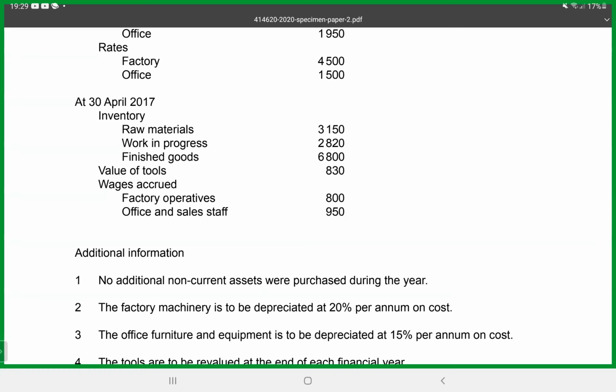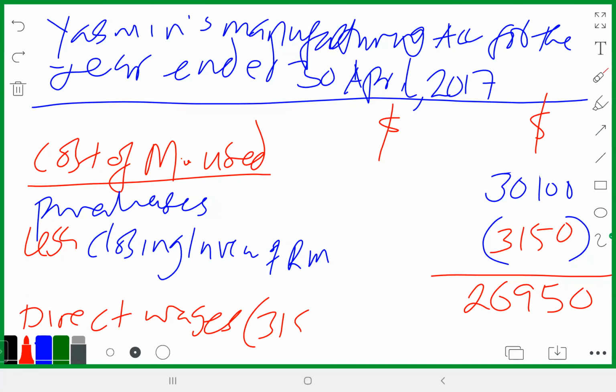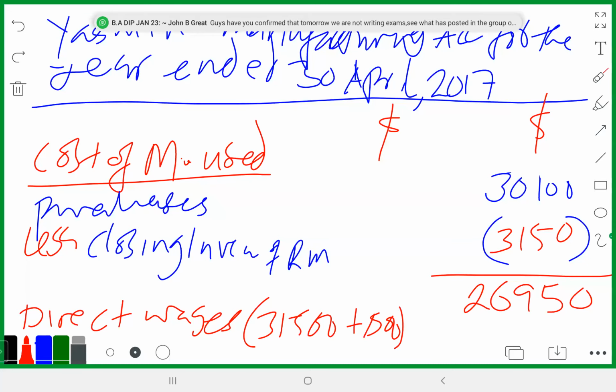Have you seen the accrued wages of factory operatives? 800. I said accrued expenses have to be added. That's what we learned from the sole traders statement. So you have to add to that amount this 800. 31,500 plus 800, that forms the direct wages. And what do you get?